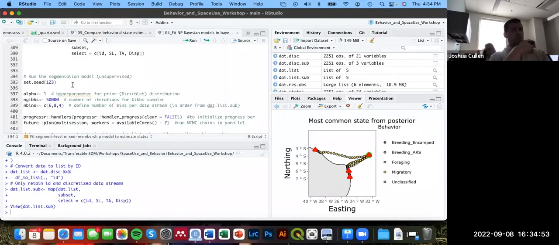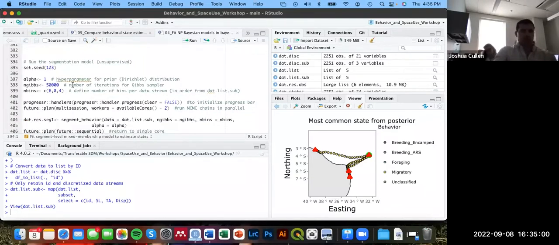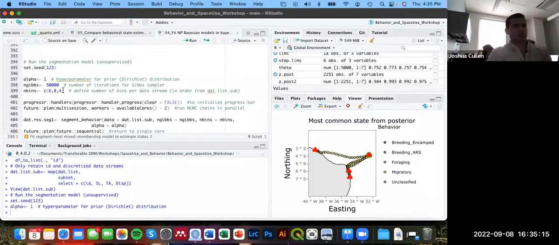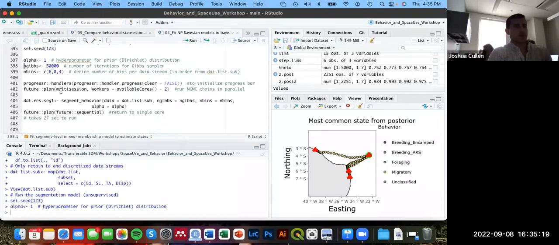So this is using the unsupervised version. We're letting the model decide the breakpoints on its own. We're not going to tell it anything. In this case, I'm going to set the random seed again, leave the alpha hyperparameter as 1, or just uninformative, so it assumes everything's equal. And n.gibbs, I'm going to set in this case to 50,000 iterations. One thing I need to supply is the number of bins.